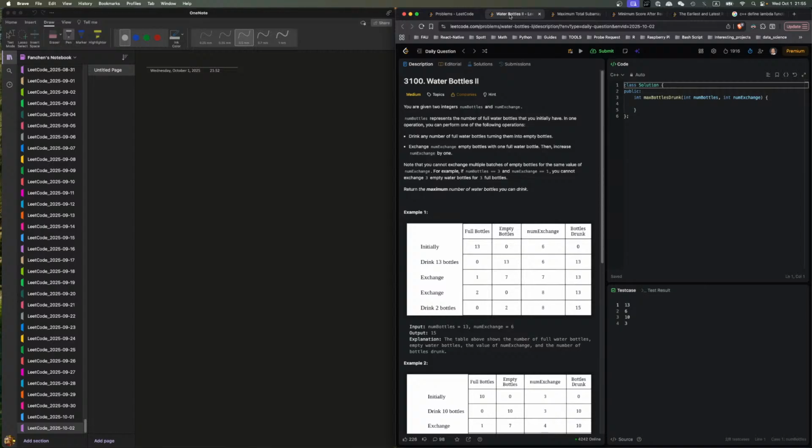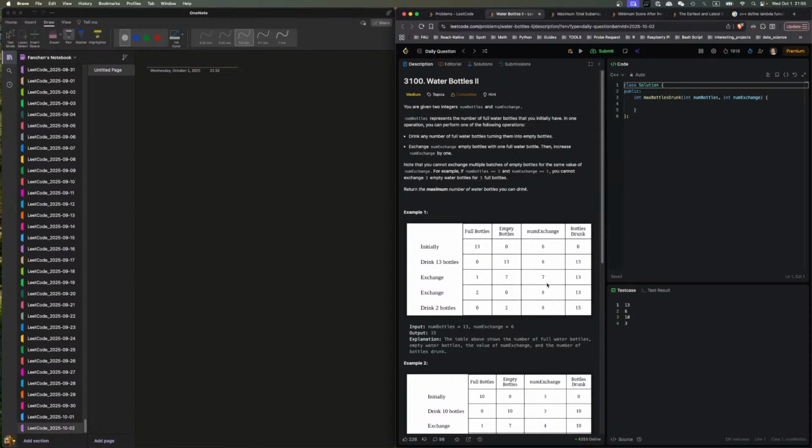So example 13 and 6. We have 13 full bottles, and I drink all 13. numExchange is 6, so I can do 1 exchange, which gives us 1 full bottle with 7 empty bottles left, and with a 7, I can drink.